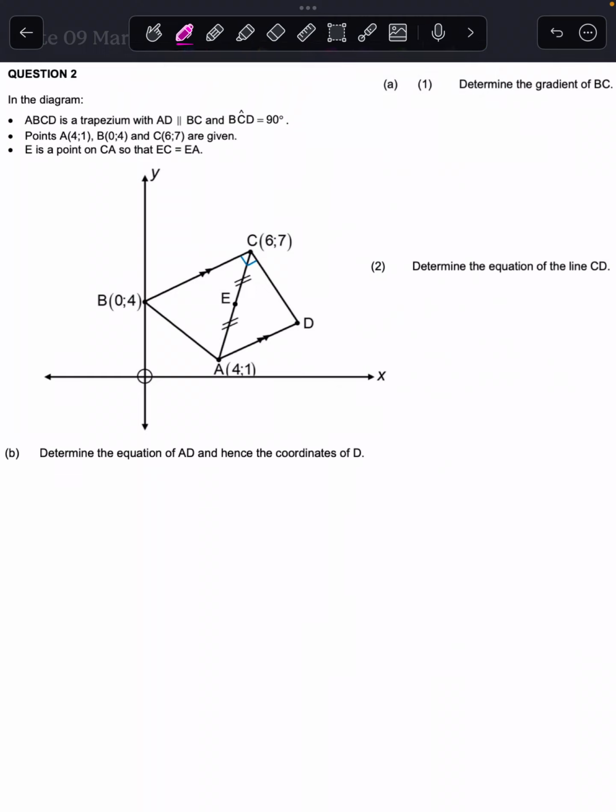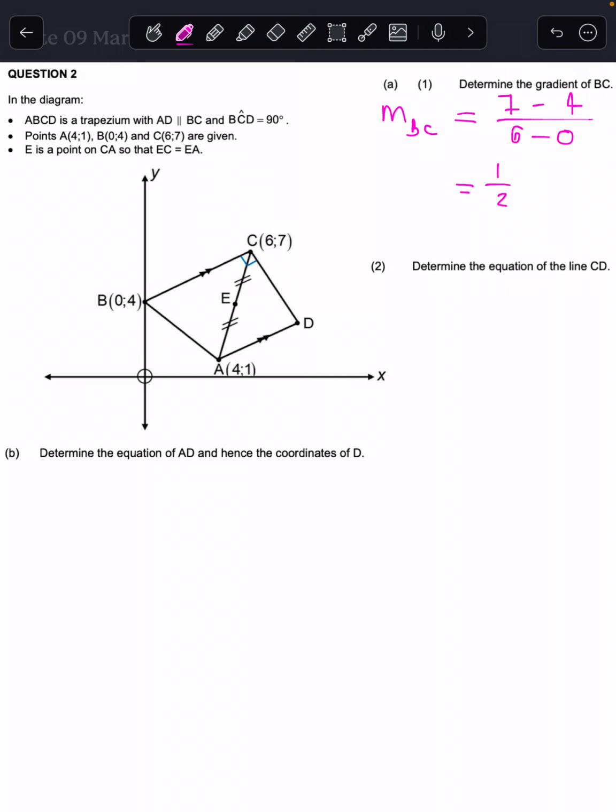Right, so the gradient of BC will be 7 minus 4 over 6 minus 0. You can work that out on your calculator. You'll find that the answer should be a half.